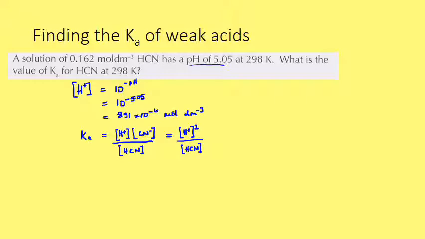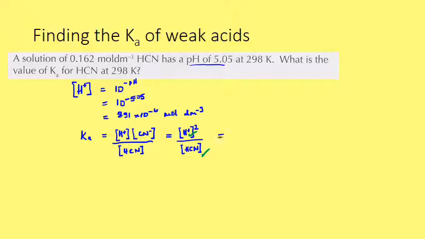And we are given the starting concentration of the acid, and as we know, for weak acids we can assume that it's also the equilibrium concentration. So we have this, and we've worked out hydrogen ion concentration, and so all we need to do is to feed those in, and we'll find the answer to the question.